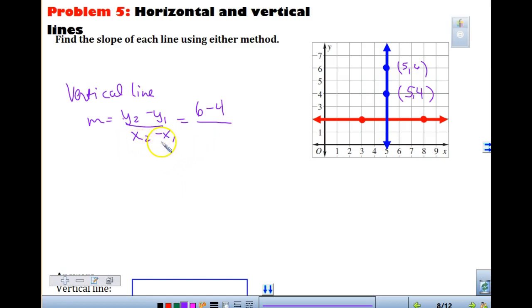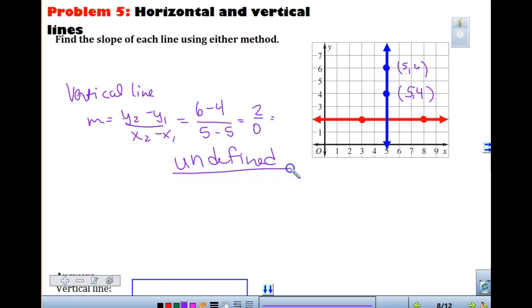What are my x coordinates that I'm subtracting? 5 minus 5. And if we look at this, 2 divided by 0. 2 divided by 0 is undefined.